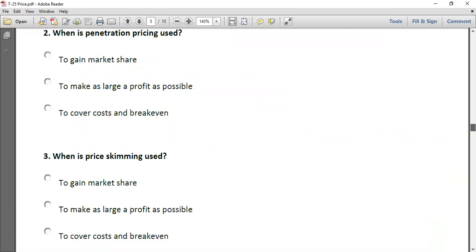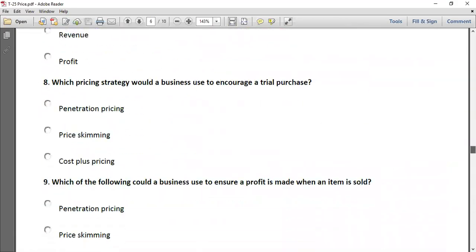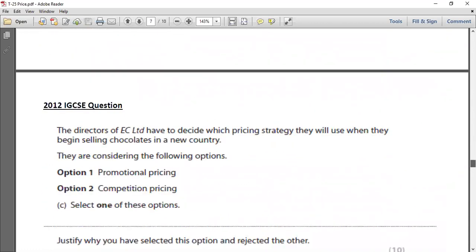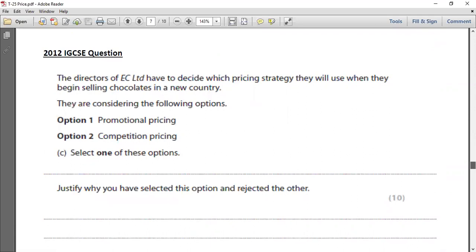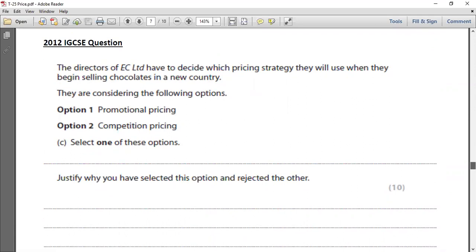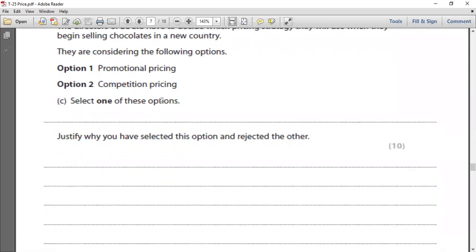And also we are going to discuss some MCQs and some past paper questions. There was a 9-mark question in 2012: option 1, promotion pricing, option 2, competition pricing. We can't do this yet because we haven't discussed promotional pricing. Competition pricing we discussed today. It's a pricing strategy based on competitors, charging the same price as competitors; we also call it going rate pricing.